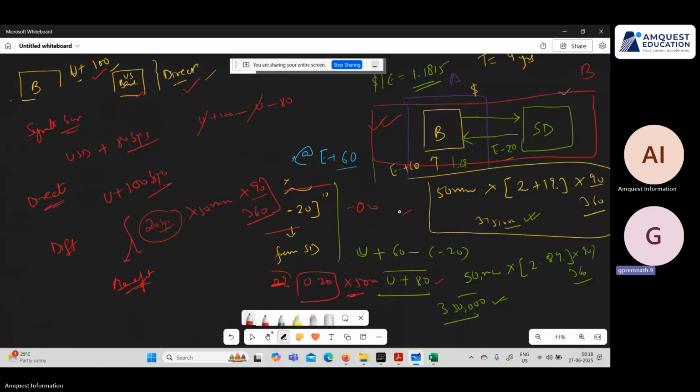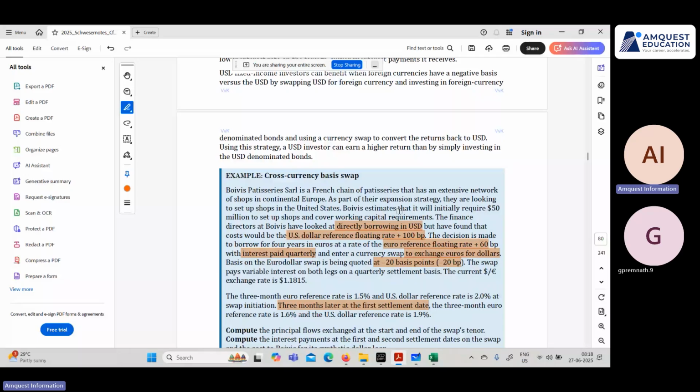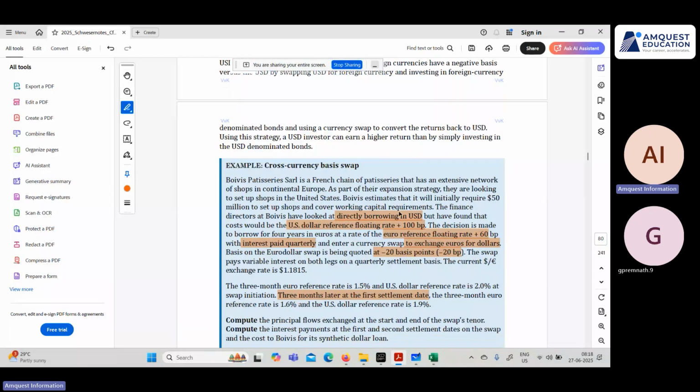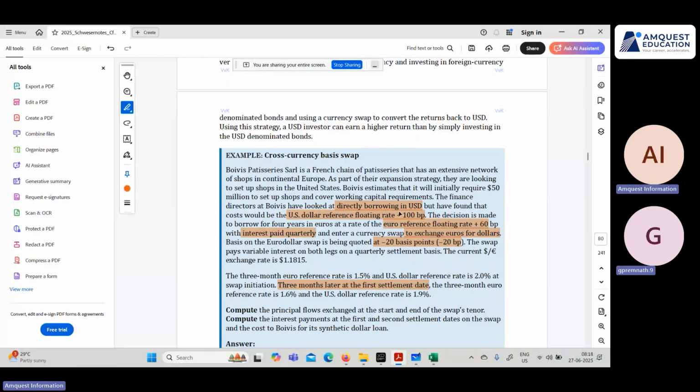Sure? Okay, if you are sure about this, I really wanted to solve for the second settlement date. Let's do that. I want to get some real numbers, then the assumptions. And then you also tell me if you're comfortable understanding how much my net benefit would be. Okay, let's try.